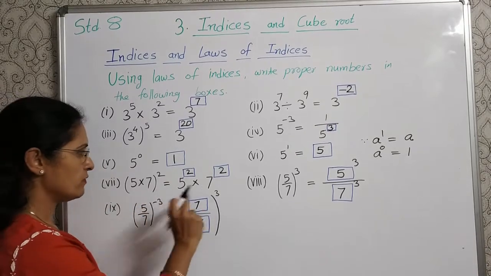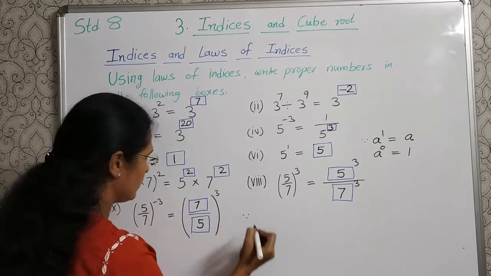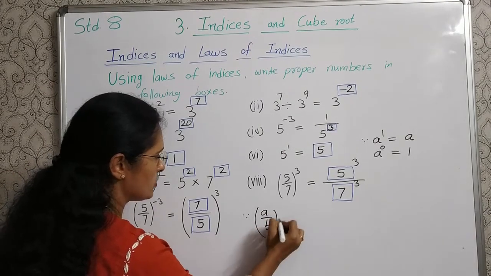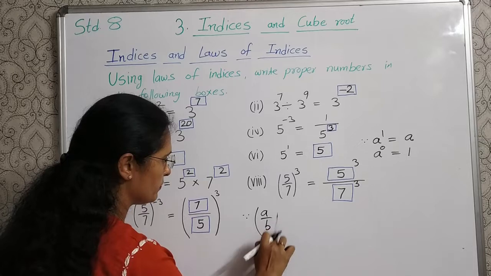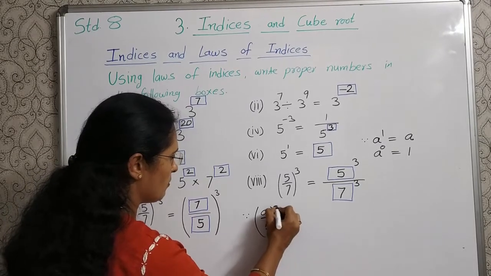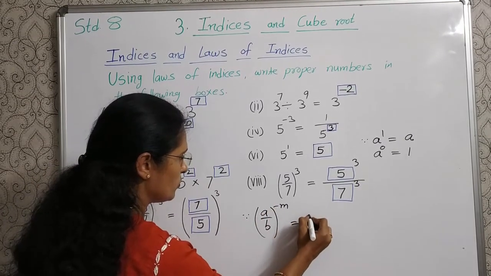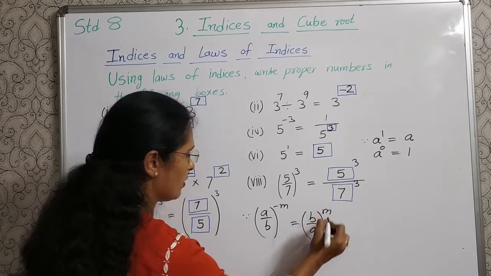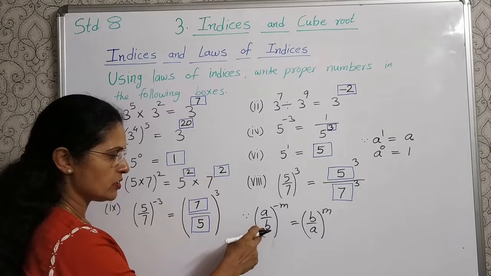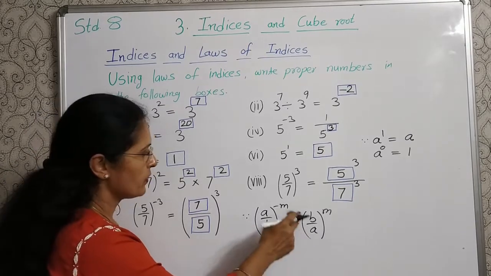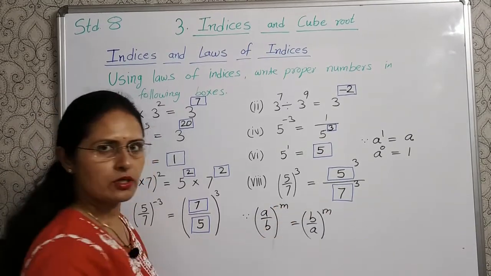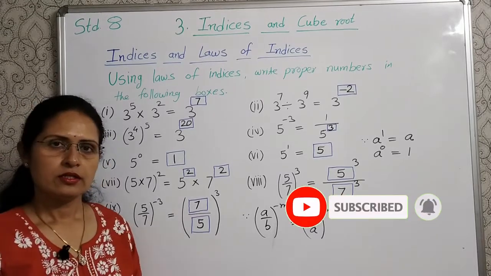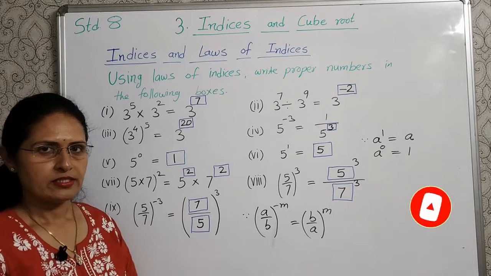So this negative sign will get removed. So when we write reciprocal of the base, the negative index will become positive index. So here we completed the introduction of indices.